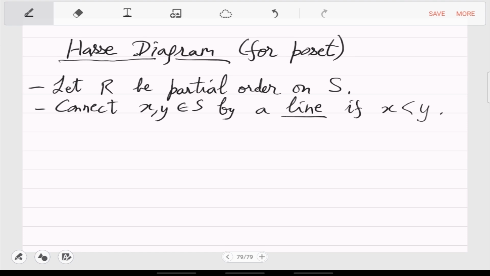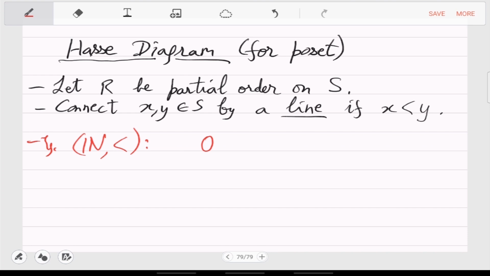So put the arrow head on the y side. So let's see examples. So using integer less than relation, what you can do is, or maybe just the positive ones, natural less than.